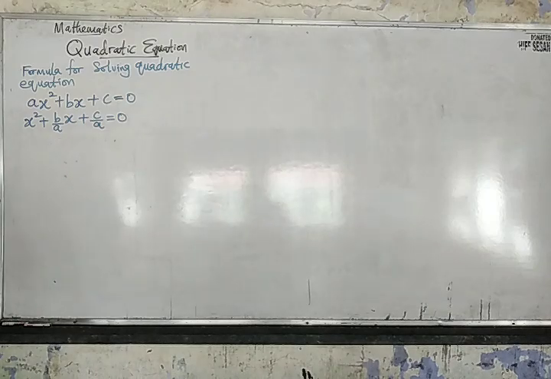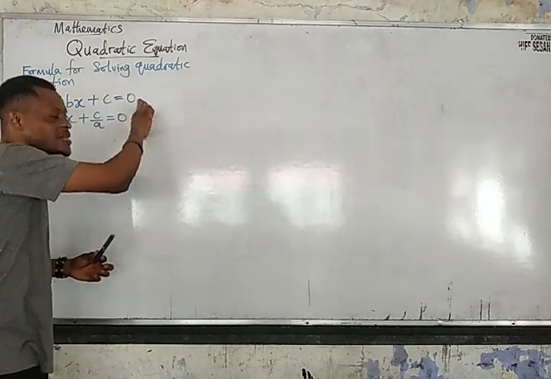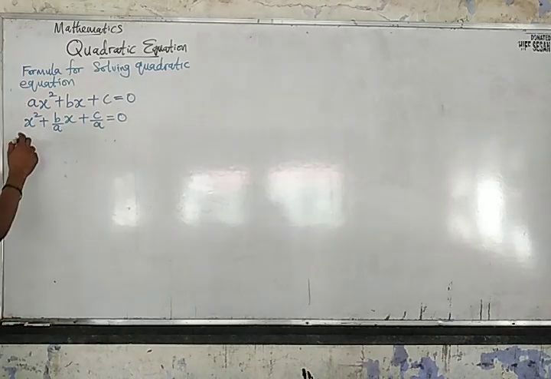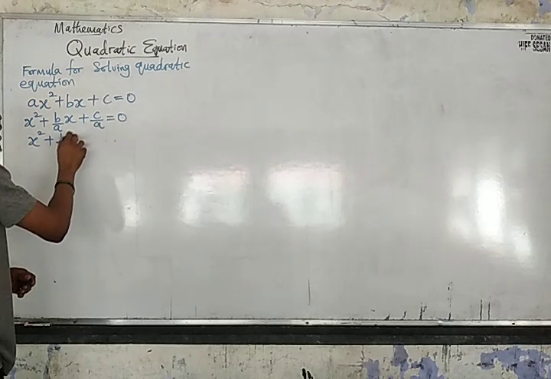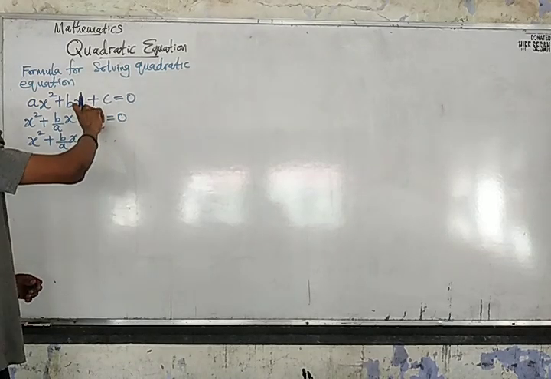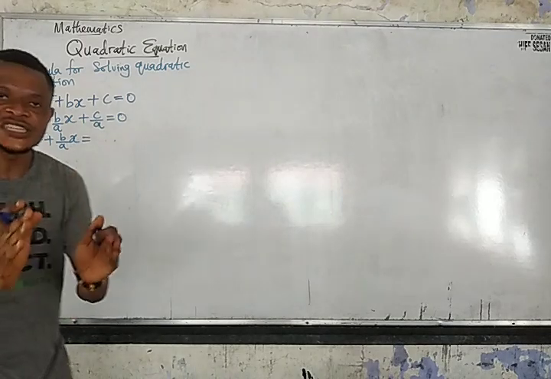Then on to the next step, we are going to move our constant to the right side. So moving it, we make it to become x squared plus b all over a, our x given, then c over a coming to this side, the sign will change.